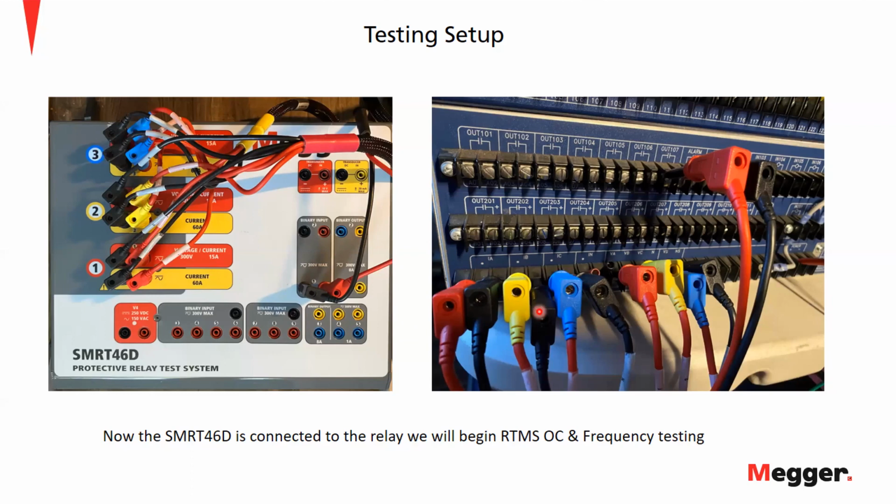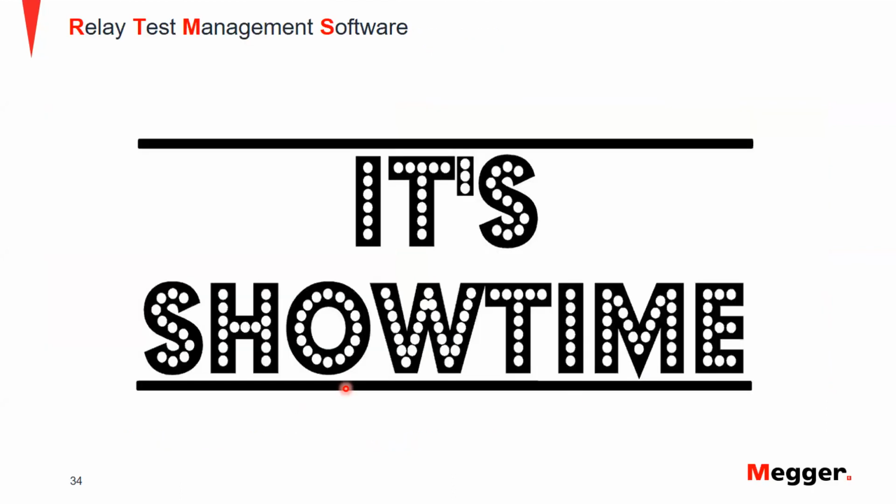So the same color voltages, red for A phase, yellow for B phase, and blue for C phase. And then we have our return for our neutral on our voltage as well. And our binary input, I have it tied here to out 107. So we're going to use that. And all right, it's showtime.